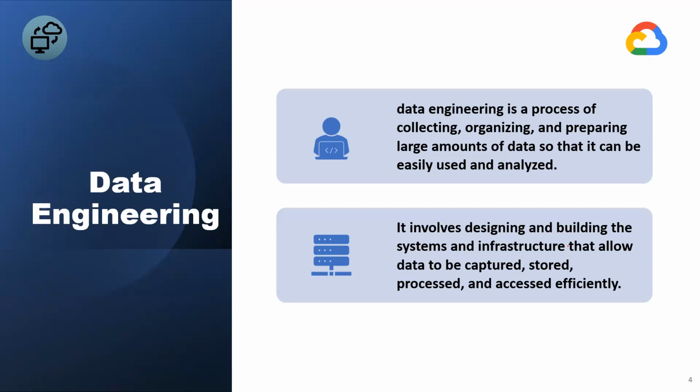So if you want to do data analysis, two things are required. You need to prepare the code first, and you need to select the infrastructure where you want to store your data. How do you want to capture your data, how to process the data, how to access the data. All of these things come under data engineering only.